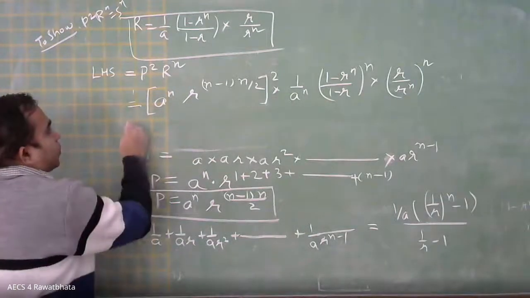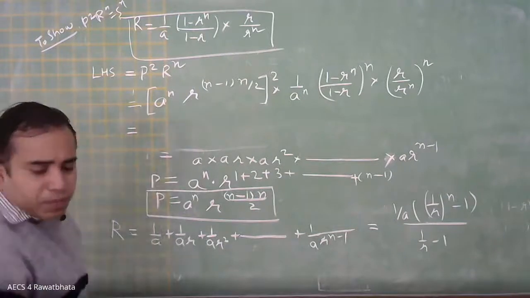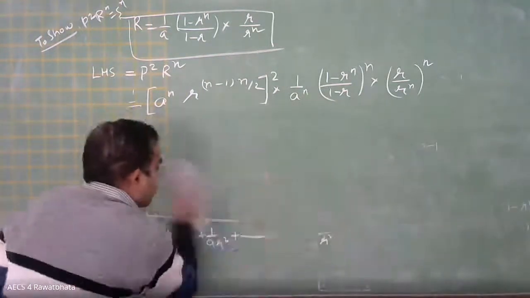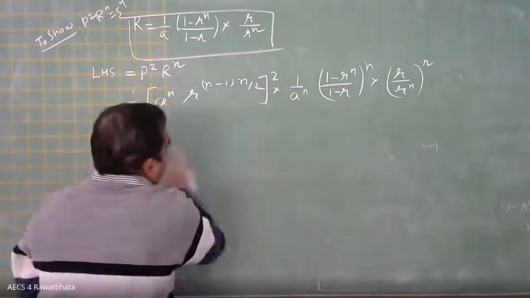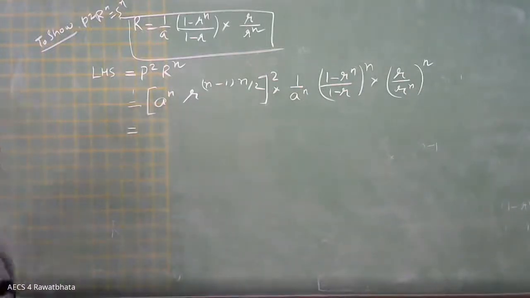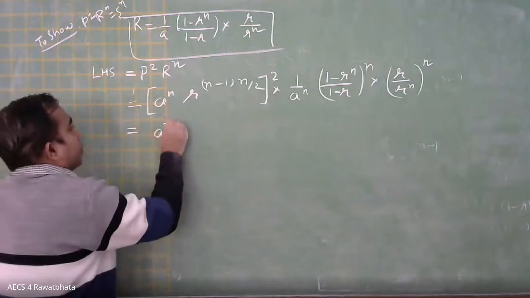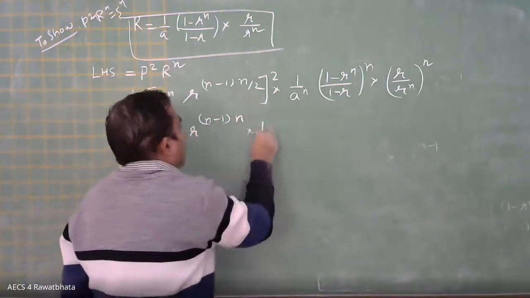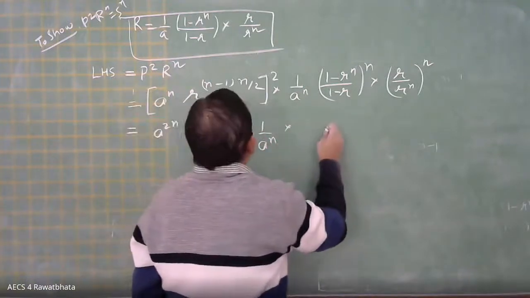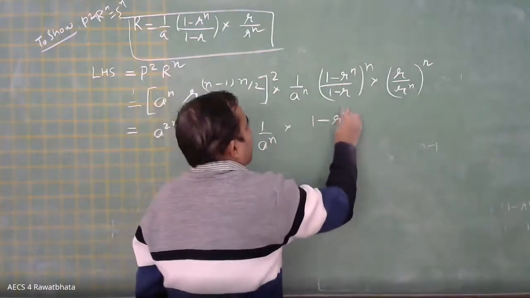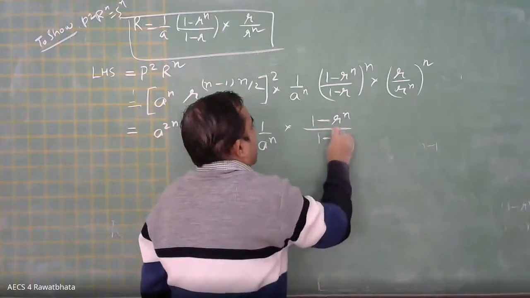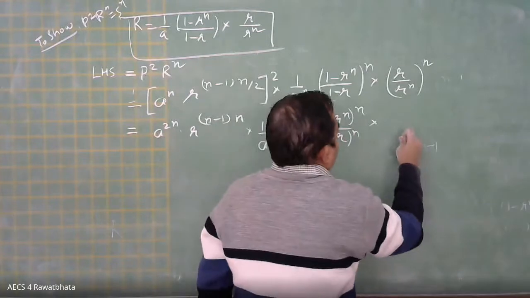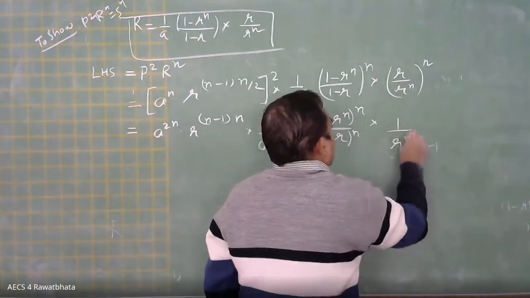Simplify it. So this is going to be a to power 2n into r to power n minus 1 into n, into 1 upon a to power n, into 1 minus r to power n upon 1 minus r whole power n, into 1 upon r to power n minus 1 to power n.